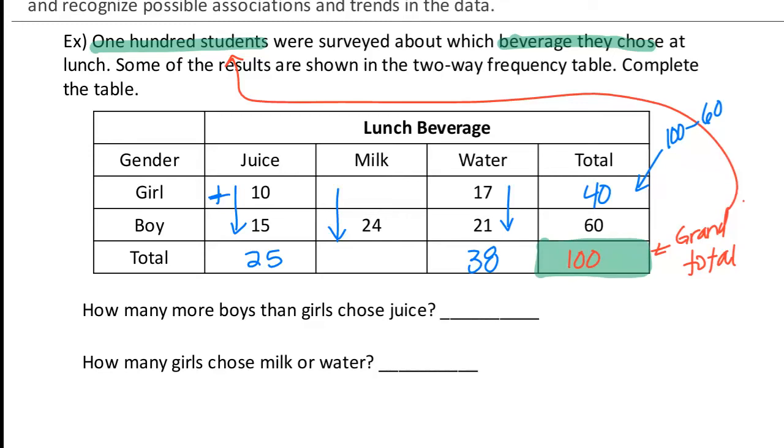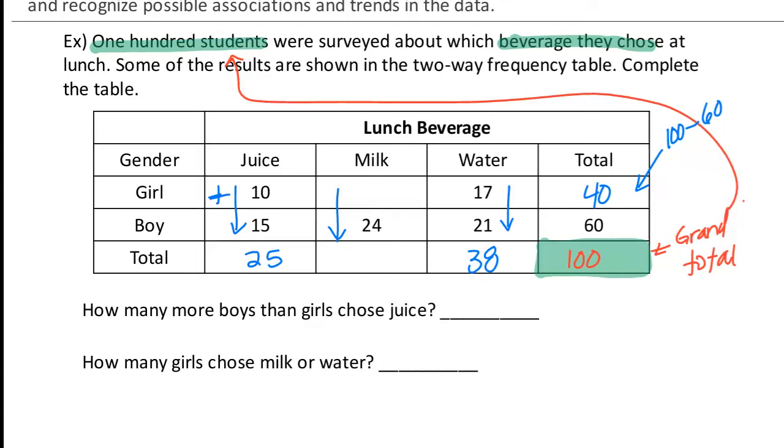Basically, I can do 40 minus 10 minus 17. Or you can do what Alondra is doing, 25 plus 38, then subtract from 100 to get this total, and then take this minus 24 to get that one. Whatever you do, it's fine as long as you get both answers.